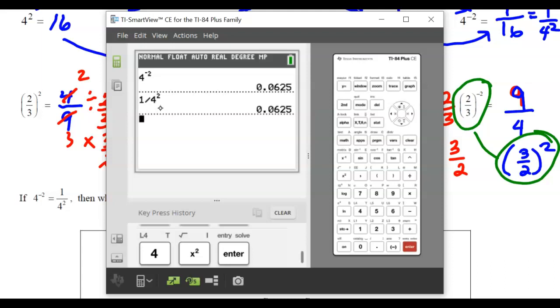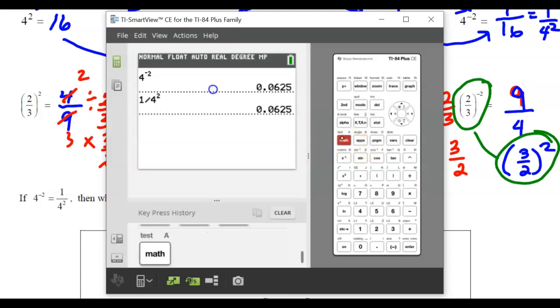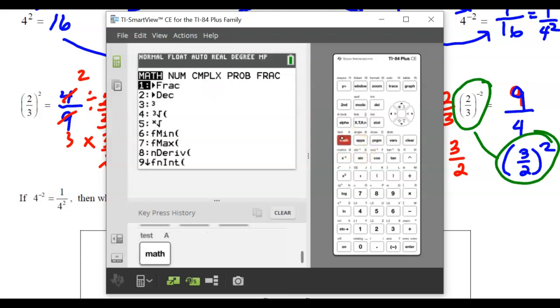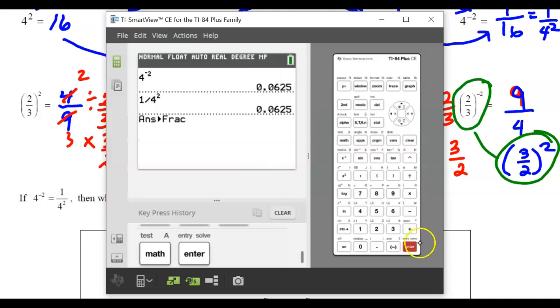Now, on the TIs, you can actually get it to convert to a fraction from a decimal, if it's a rational number, which we talked about yesterday. If you press the math key, then the first entry is arrow frac, which means it's taking a decimal and converting it to a fraction. Okay. If you have a TI-84 calculator, then you could have done the 1/4 squared as a fraction.